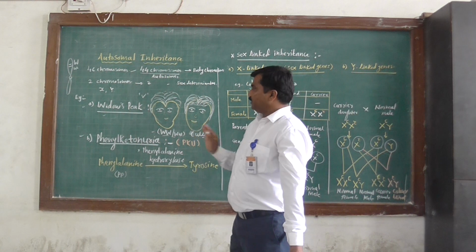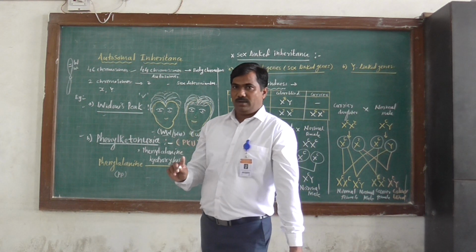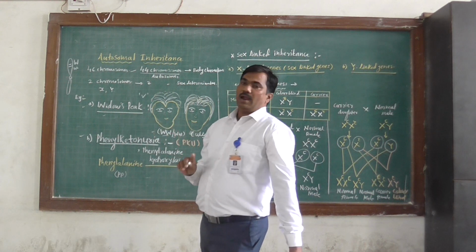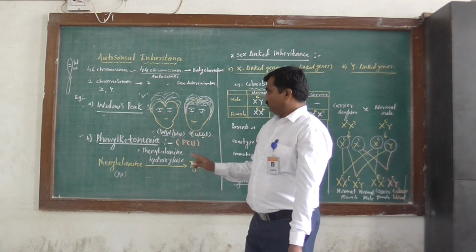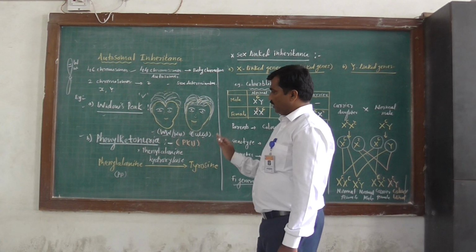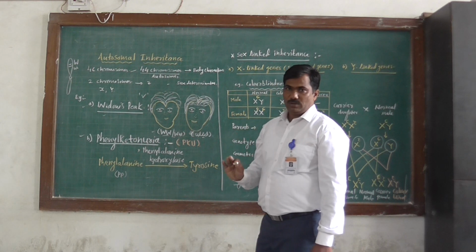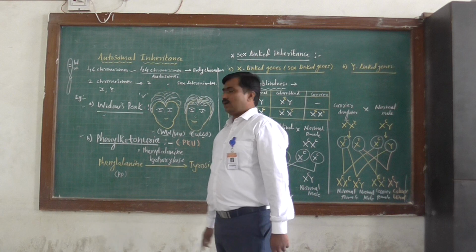There are two examples we studied here. One is the autosomal dominant trait, that is widow's peak, and the other is the autosomal recessive disorder, that is phenylketonuria. Remember, phenylketonuria is a recessive autosomal disorder.